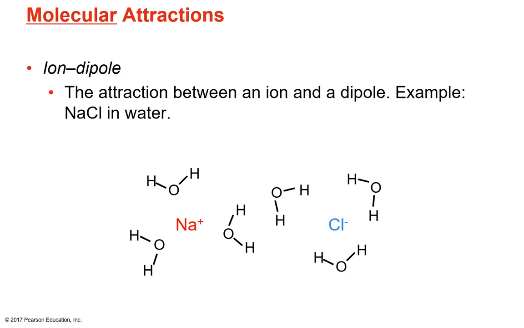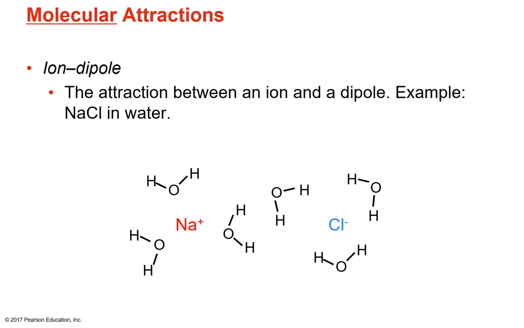If I have an ion, something that has a charge, and I have a molecule that has a dipole moment, then they're going to attract. Because if this thing has a positive side and a negative side, and this is positive, the negative side is going to be attracted, pulled over, and because it's closer, it's a stronger attractive force than the repulsion between the like charges. So that's ion-dipole.